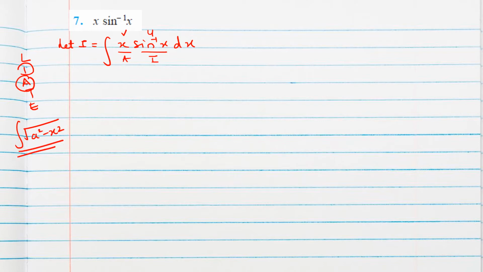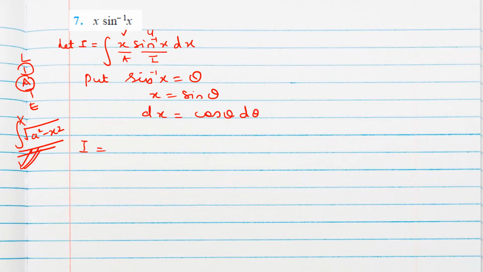Okay, for this we have a formula, but that is omitted in your syllabus. That means we have to search for another method. So substitution will do. So sine inverse x as theta, so x will be sine theta. Okay, then dx will be cos theta d theta.